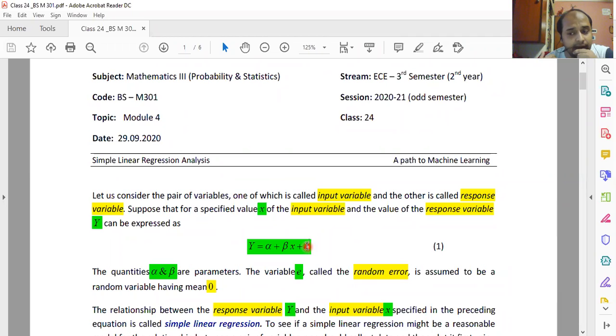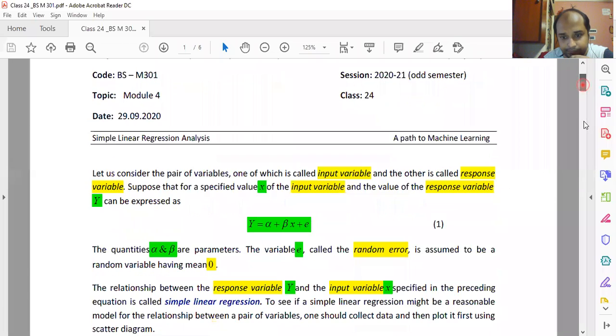If we can find their values in some way, this equation will be known to us. Fitting of a regression model is nothing but finding the values of these parameters alpha and beta in some way, so that we can get a definite structure of the straight line. So how to do it?